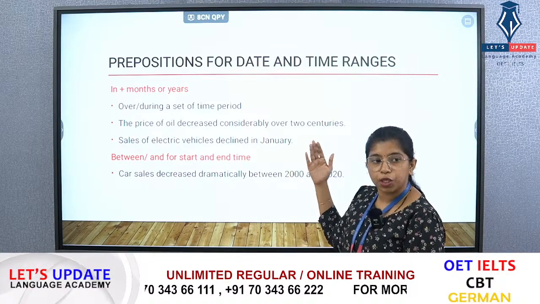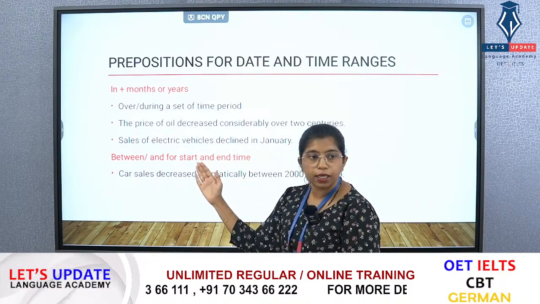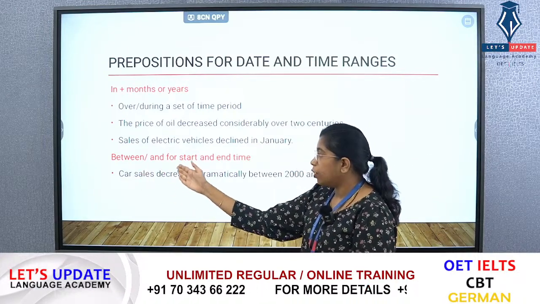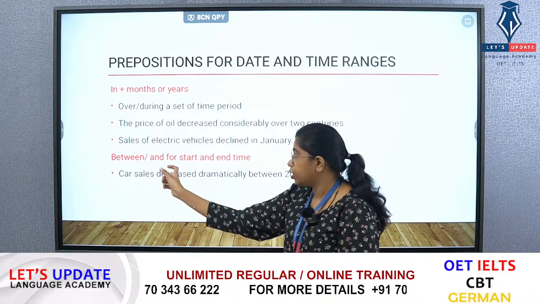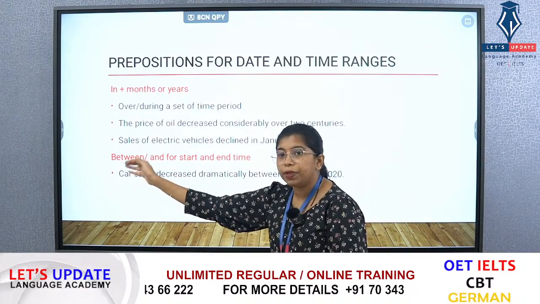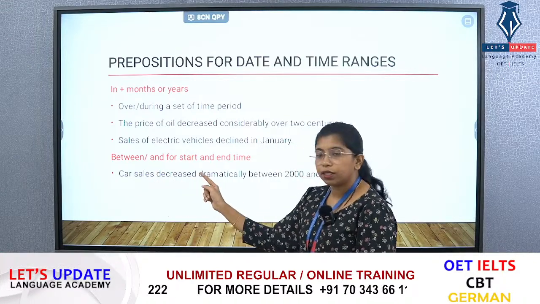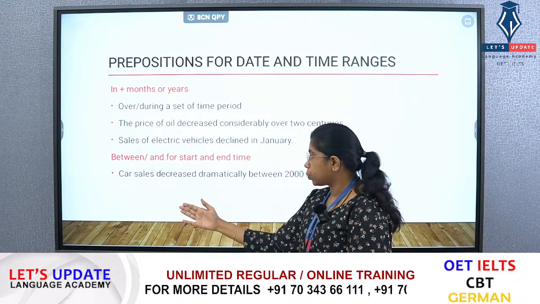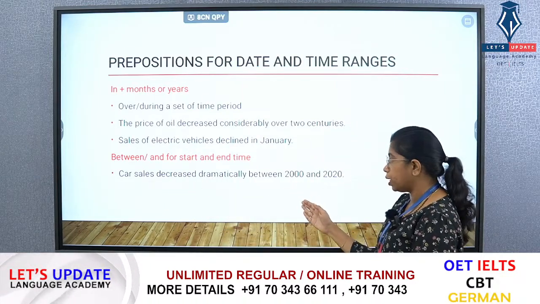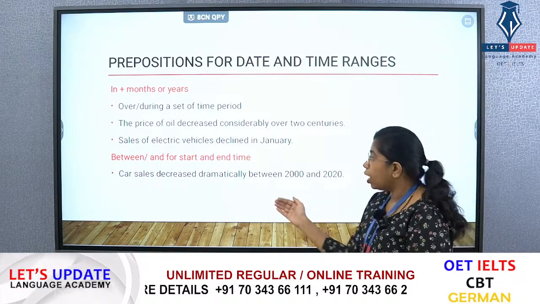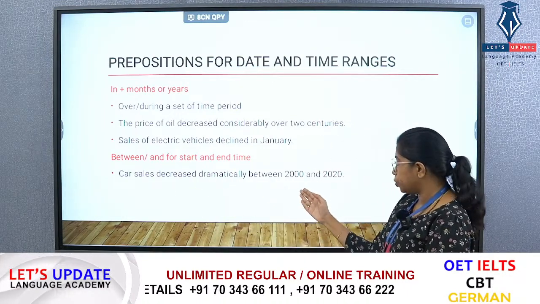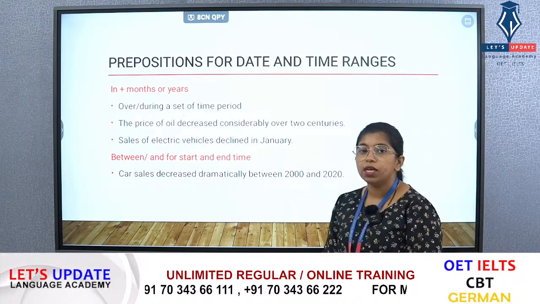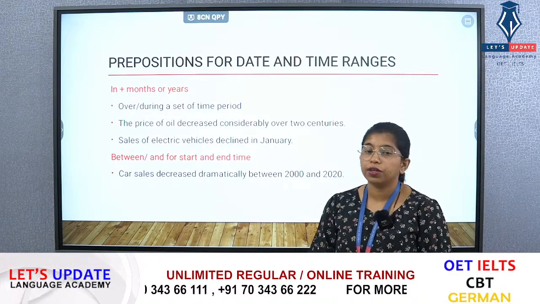And the other one is between and, for the start and end of time. Now what phrase, or preposition combo, are we using? Between and, for the start and end of time. This is what we normally use, right? We are using it in writing task 1. Car sales decreased dramatically between 2000 and 2020. So these are the prepositions and the way we use prepositions in our task when writing.